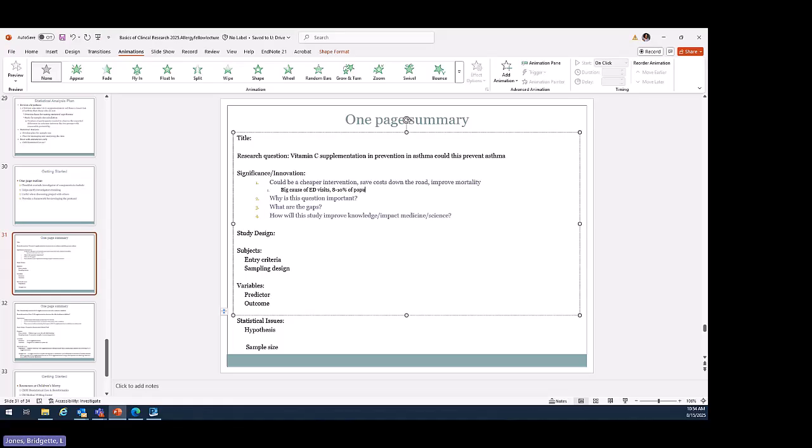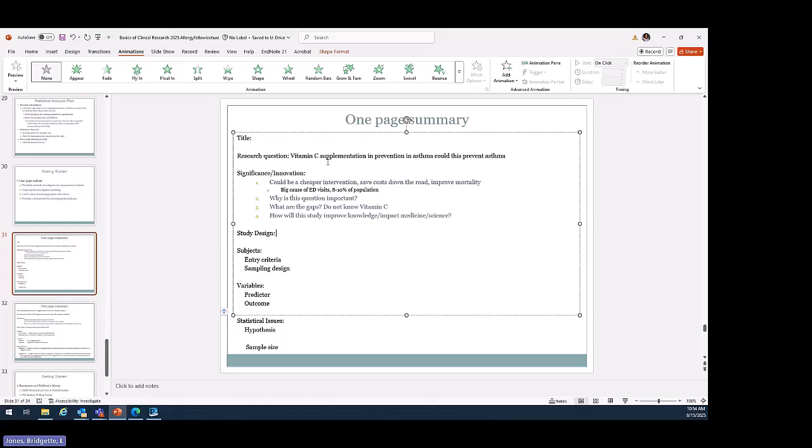And it sounds like there's a gap there. We maybe don't know if vitamin C decreases asthma incidence. So that's something that we could answer. Those are some of the things you think about for the significance.